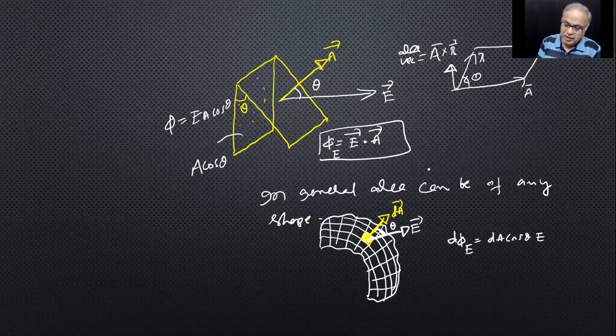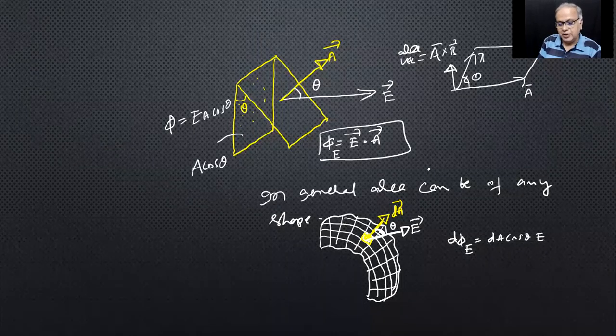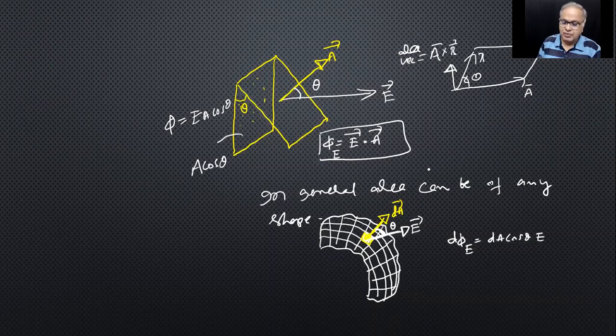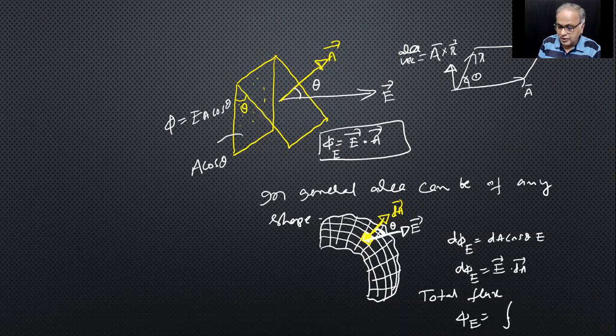If I take the component of area along E, I'll get that old idea of the perpendicular area, which is pierced by the E. So therefore, this is d phi E equals E bar dot dA bar. Now I want the flux of the whole area. Total flux would be phi E, that is the integral of E dot dA, integrated over the surface.